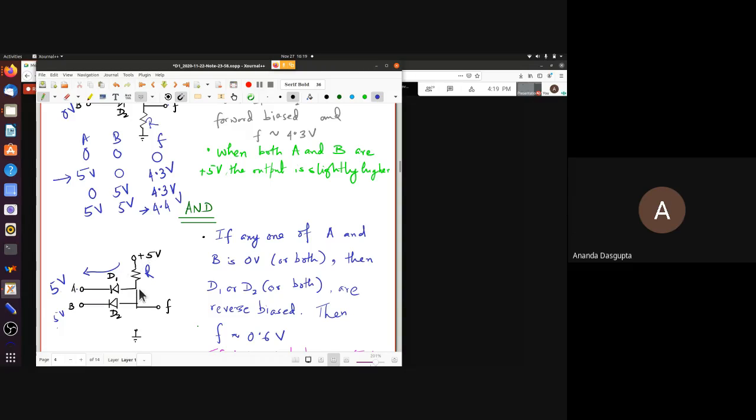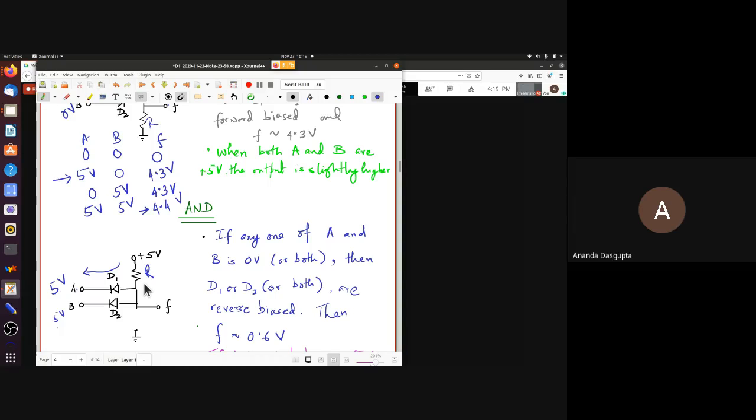And because there's no current here, there's no drop across the R, so F will measure at 5 volts. So here, you're going to get 5 volts output only if both inputs are at 5 volts. If any one of the inputs is 0, the diode is going to go forward biased, and F is going to read at around 0.6 volts, which is low.